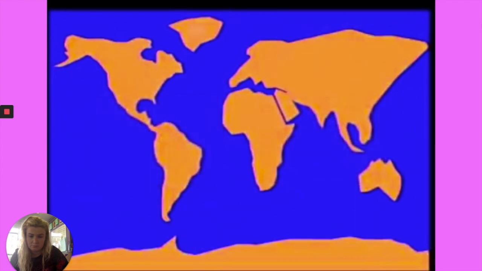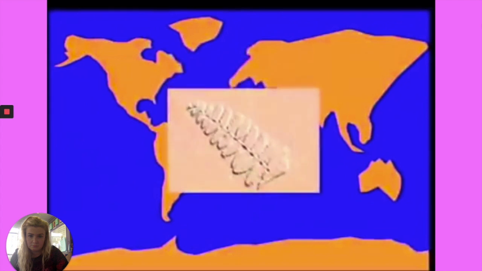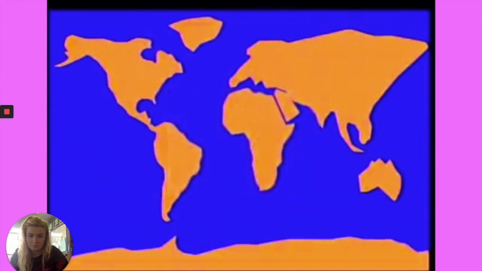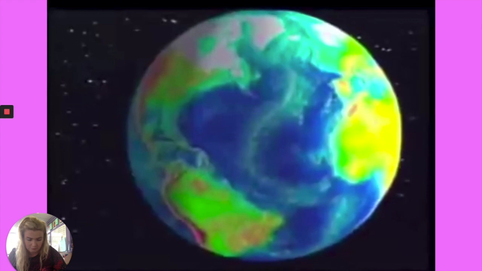Wegener also found plant fossils in cold Arctic regions where these plants could not grow today. Wegener believed the plants had grown there before the continents had drifted. Wegener was convinced the continents had drifted. The only problem, he could hardly convince anyone else. Other scientists needed more proof, and that wouldn't come until years later, when scientists mapped the ocean floor.